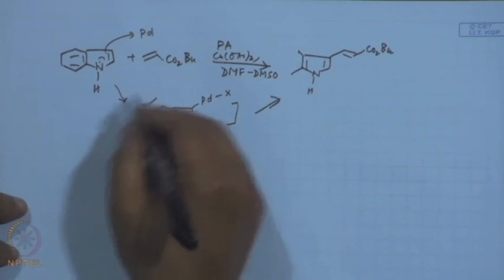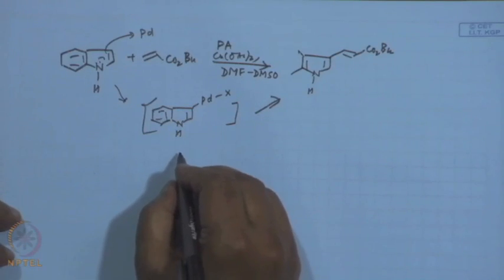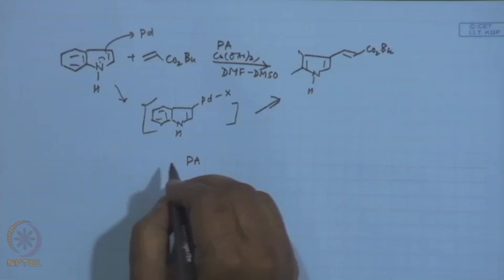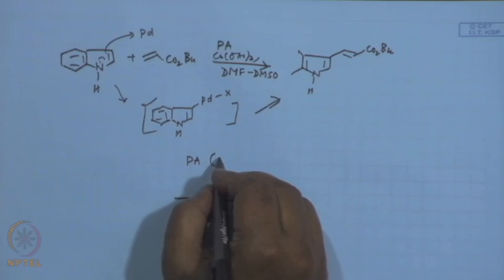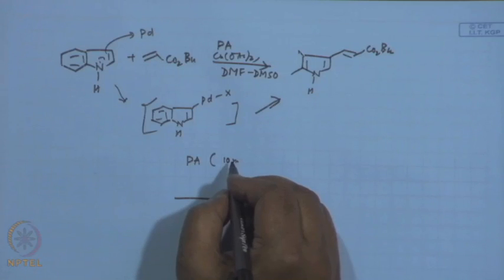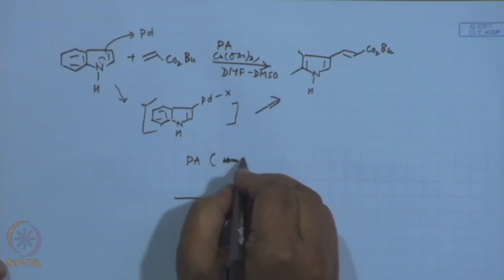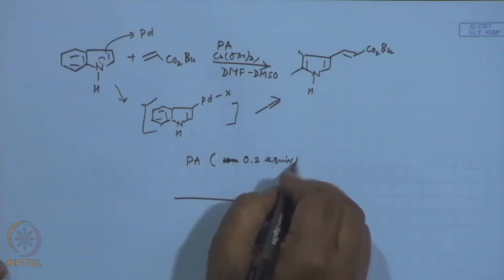Again the same combination of reagents, with palladium acetate, only 10 mole percent, sorry, something like 0.2 equivalent is better. We will find out the percentage.